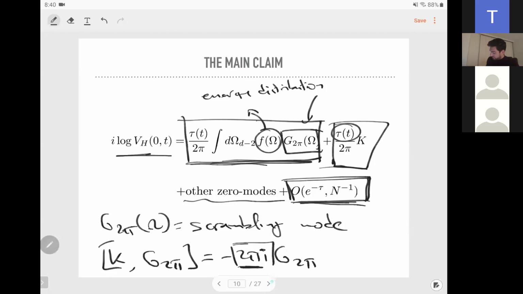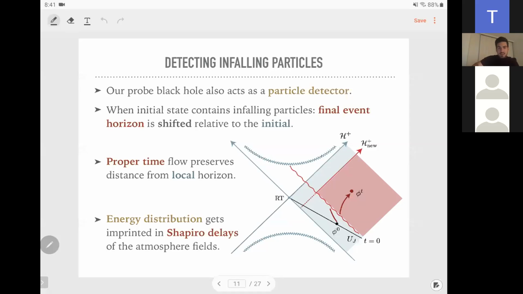So let me explain now where this last part, this correction, comes from. Well, as I said, the black hole operates essentially as a particle detector. And the response of this detector is that every time a particle falls in, the black hole gets bigger.